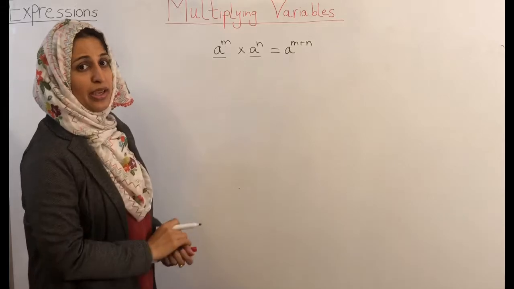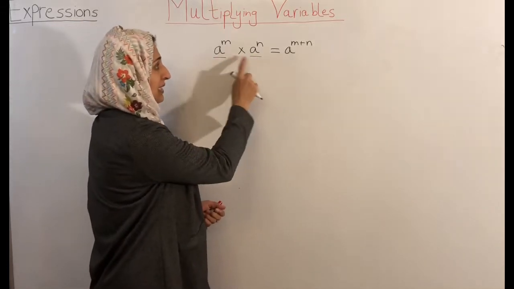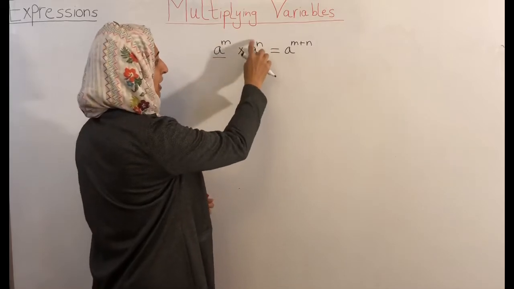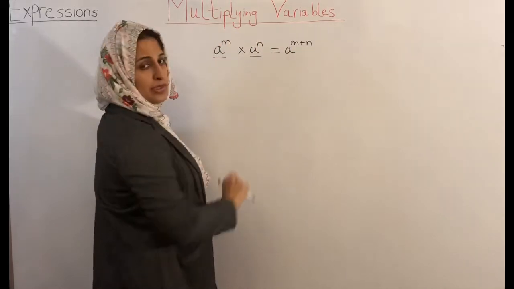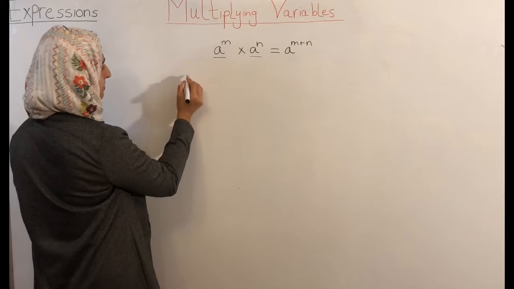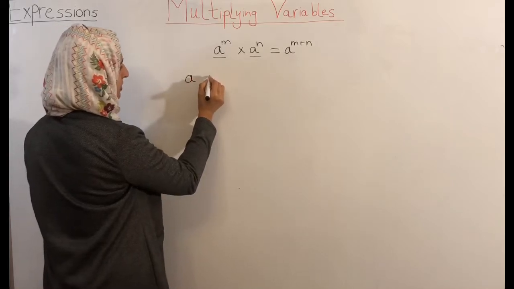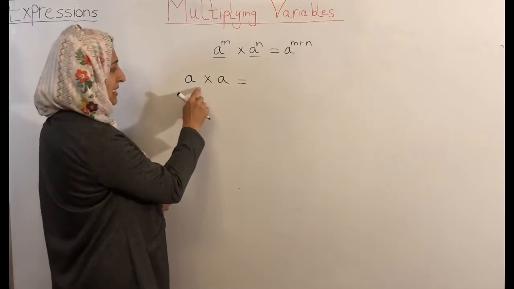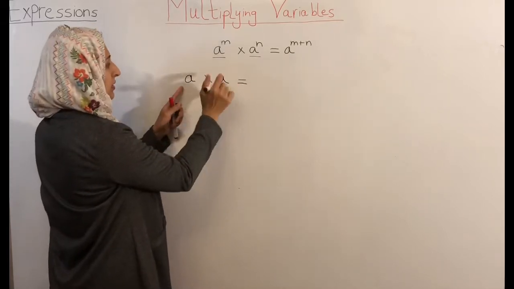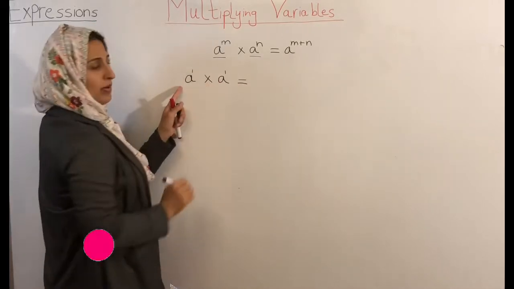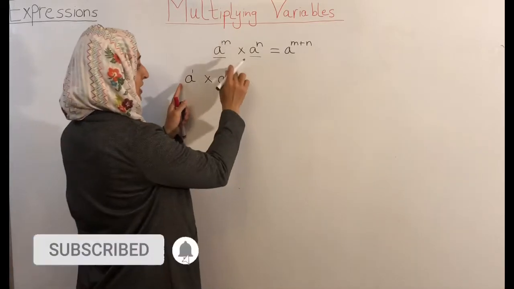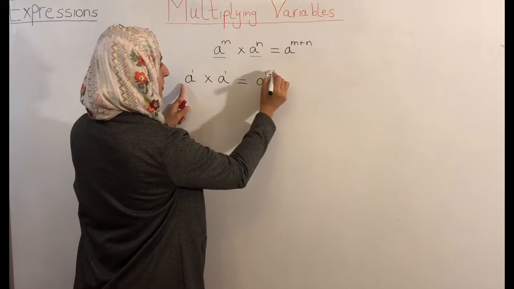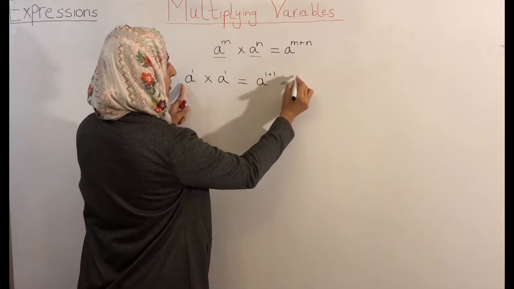I'm repeating again, if the base variables are the same, you will add their powers. Suppose, for example, a times a equals, because their base is the same, they each have one power. I've told you when there is nothing, there is a 1. So 1 plus 1 equals 2.